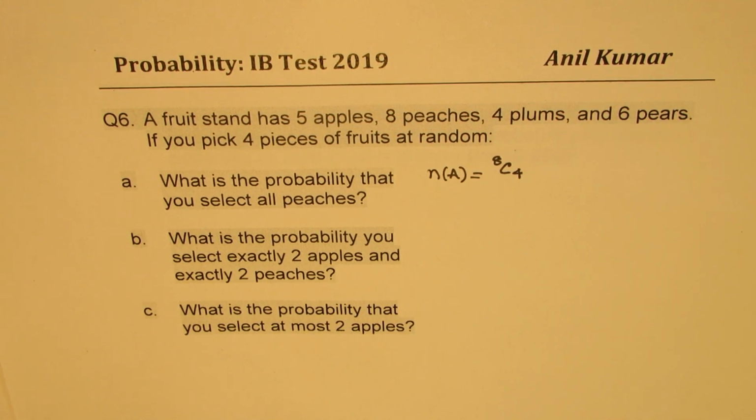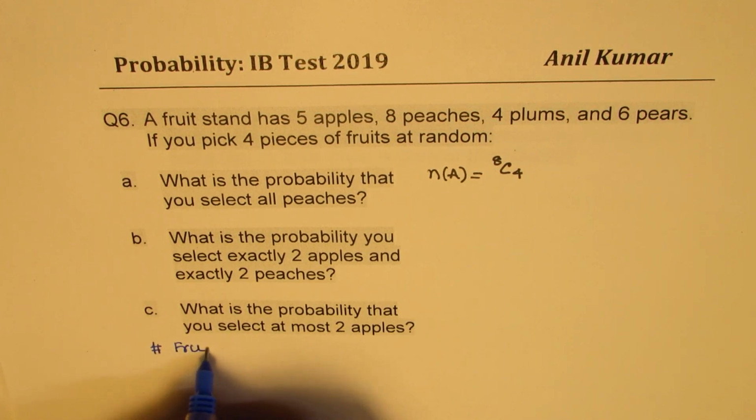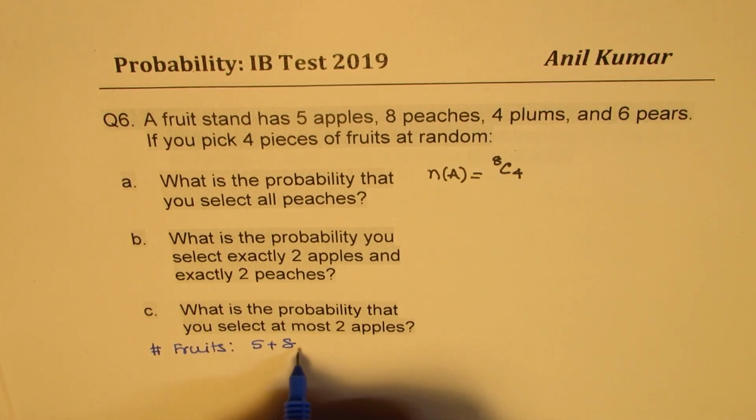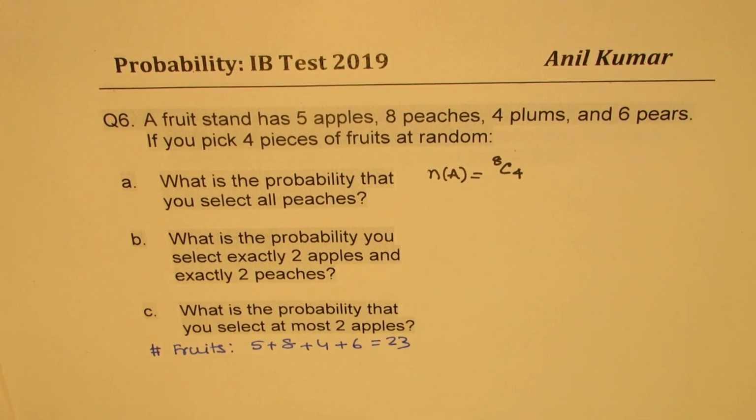As far as the total is concerned, let's do it separately here, since we are going to use this total in our sample space. Number of fruits is how many? We have 5 plus 8, which is 13, plus 4, plus 6, that is 10, 23, correct?